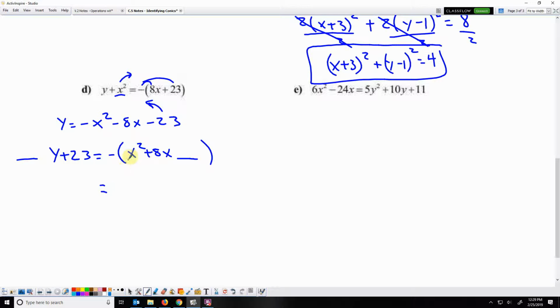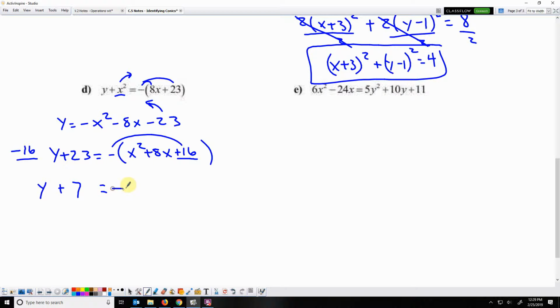Okay, so when I cut that b in half, I get 4 squared is 16. What I really added is negative 16. So 23 minus 16 is 7, so I have y plus 7.